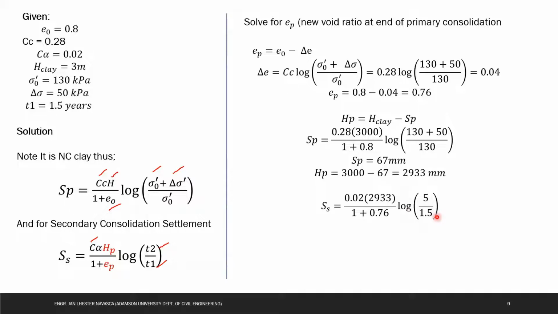Therefore, our secondary compression settlement, S sub S, is 17 millimeters.